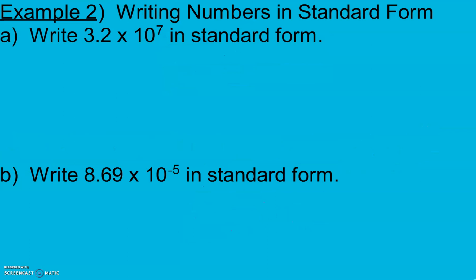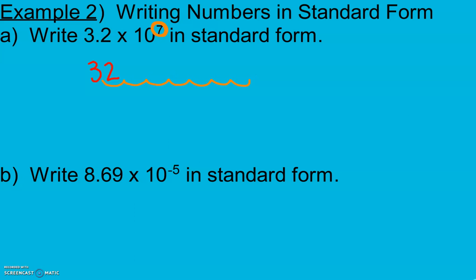In example 2, we're going to work backwards. We're going to write numbers in standard form. So we're going to write 3.2 times 10 to the 7th in standard form. Write my numbers. Now, we need to move 7 places from where our decimal is now to where it needs to be. So, we go 1, 2, 3, 4, 5, 6, 7.